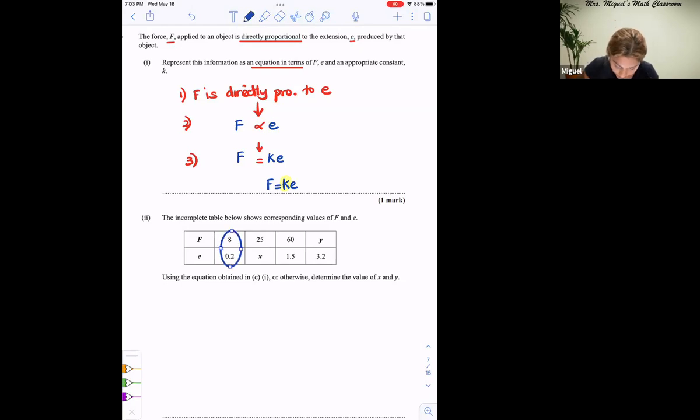So now, when F is 8, E is equal to 0.2. Find k. So F is k times E. So you're replacing F with 8 and you're replacing E with 0.2. Find k. Go ahead.